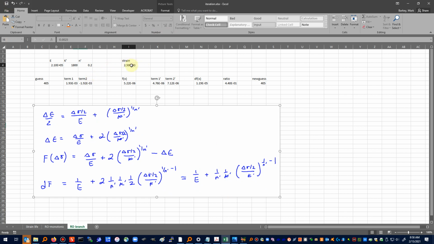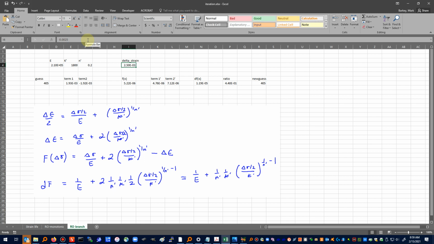Same material properties. Now this is actually going to be the delta strain. And it's going to be 5000 microstrain. Let's go back. Let's change that guess.